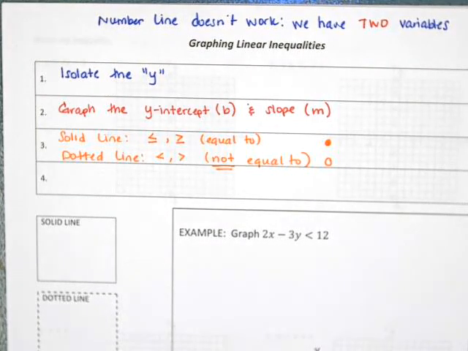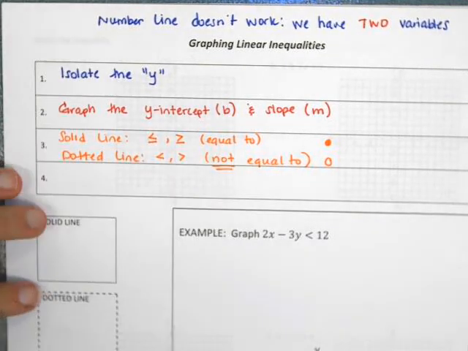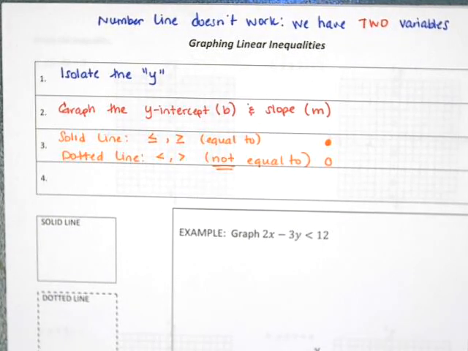Once you've decided whether to use a solid line or a dotted line, the last step is to decide about shading. Now, when we were graphing these on a number line, we decided between left and right. We said less than is left and greater than is right. But since we're two-dimensional now, instead of choosing between left and right, we're going to be choosing between up and down.